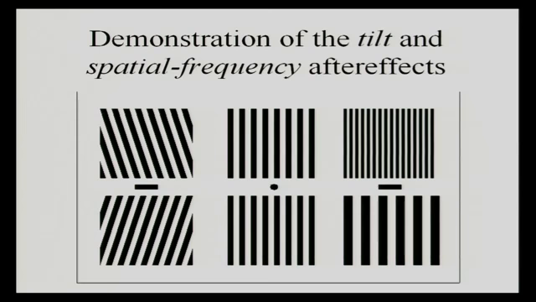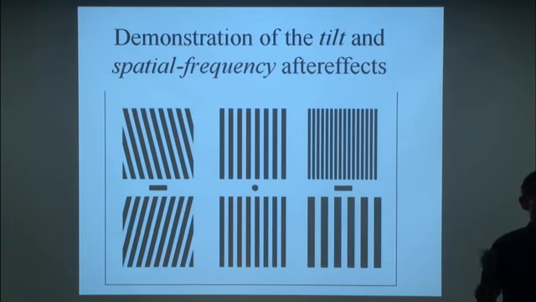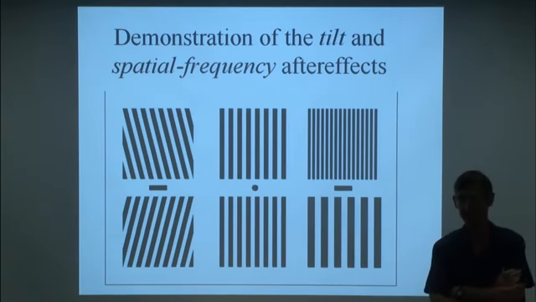And then after that time, come and fixate on this point and see what that set of vertical lines and that set of vertical lines appear like. How do they look to you? And then just write it down. And what do you think might happen, for anyone who's in Psych 101?